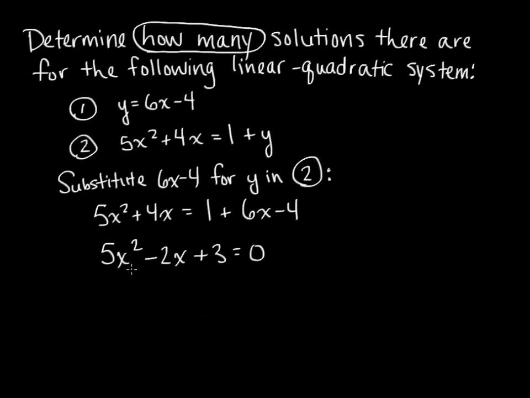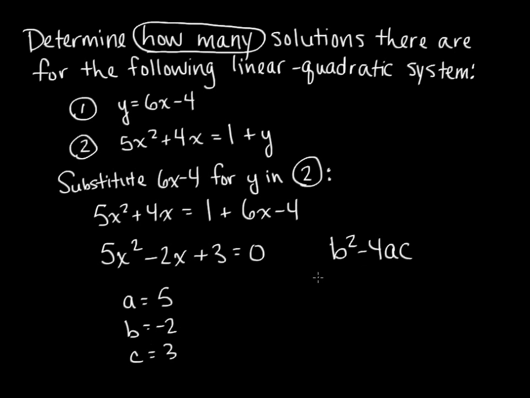Okay, so if we use full quadratic formula, that will solve for the solutions. But if we just use the discriminant, we can figure out how many solutions there will be. Okay, so the discriminant, as a reminder, b squared minus 4ac. And so we want to list out the a, b, and c values. A is 5, b is negative 2, and c is 3.